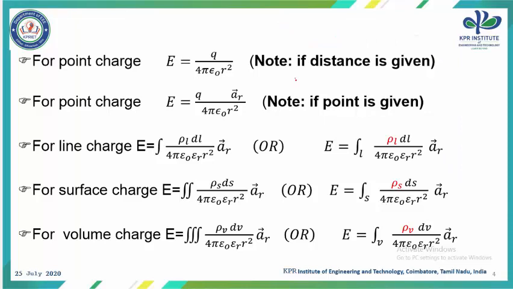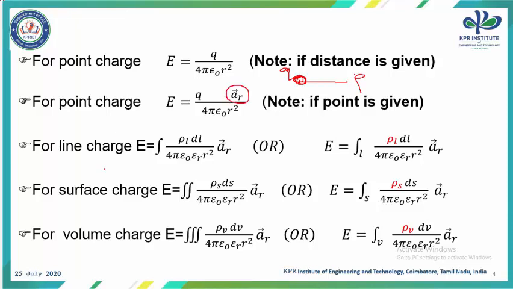Suppose instead of this, this is the charge Q and this is the point P, and they are giving the point here, it may be x1, y1, z1. If they are giving like this, in such a case you can go for this formula.